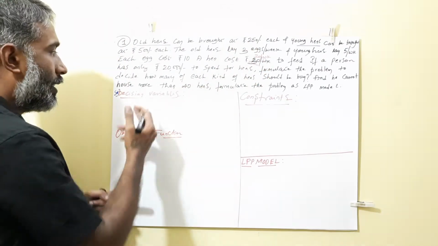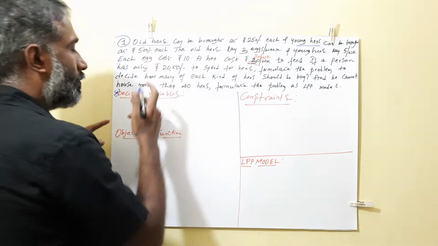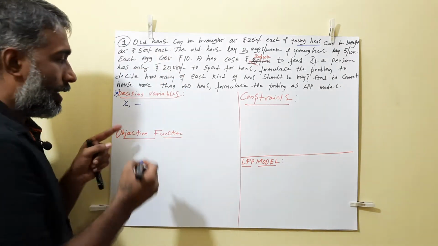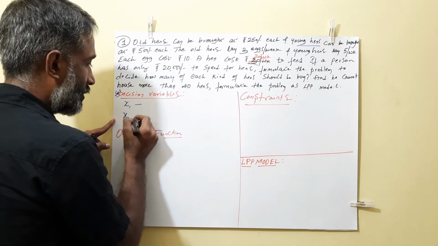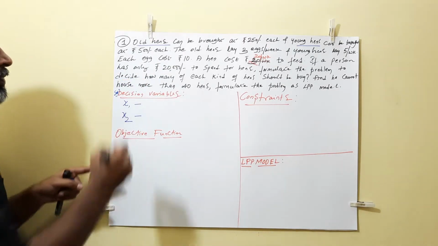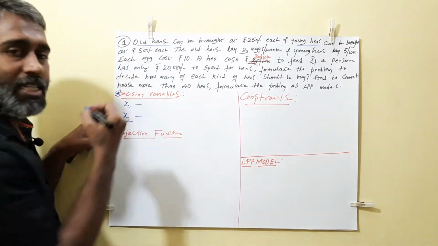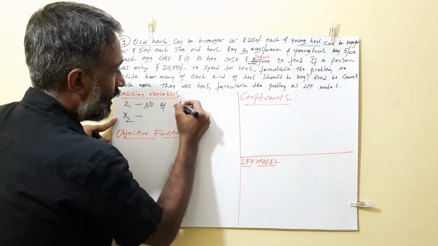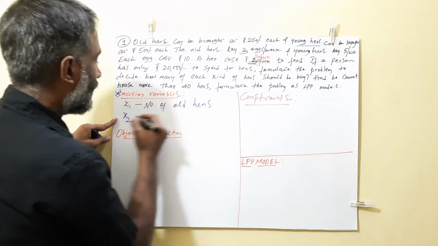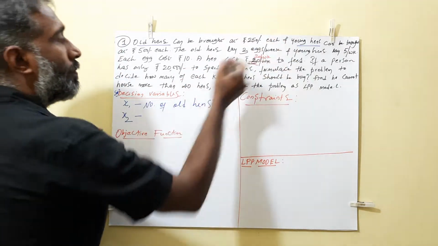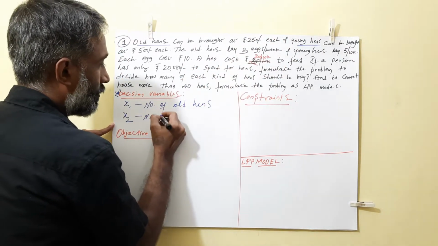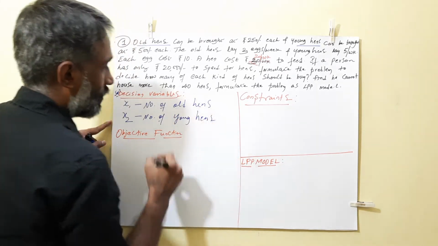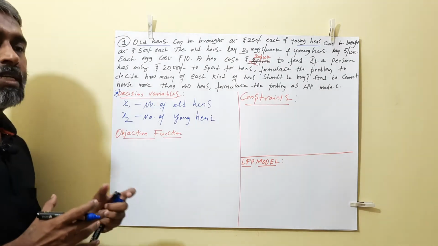So here in this problem, the decision variables are the number of old hens and the number of young hens. Let us denote the decision variable x1, which indicates the number of old hens. Similarly, let x2 be the number of young hens.